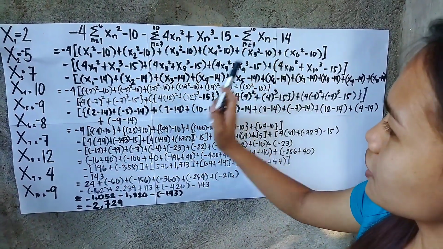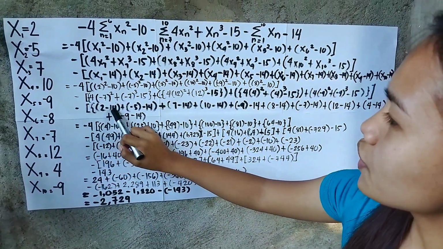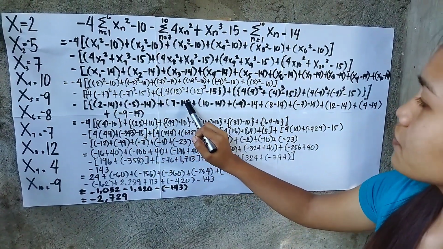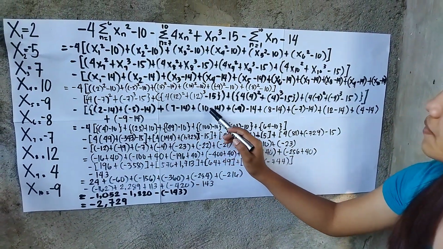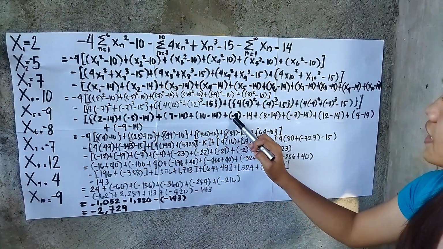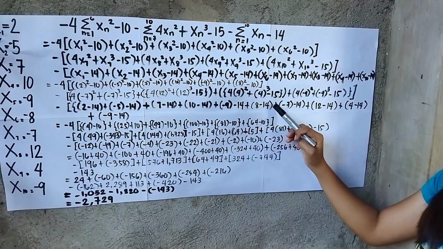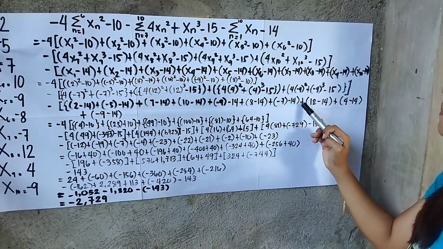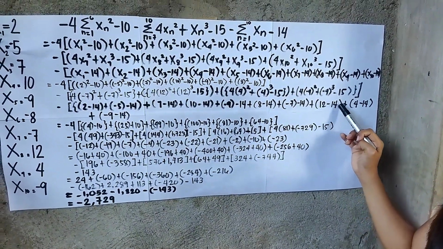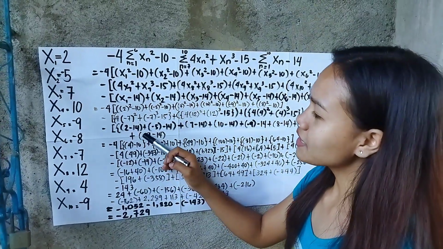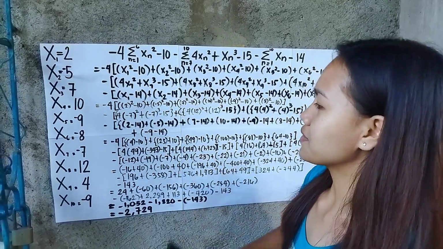In the third summation, 2 minus 14 plus negative 5 minus 14 plus 7 minus 14 plus 10 minus 14 plus negative 9 minus 14 plus 8 minus 14 plus negative 7 minus 14 plus 12 minus 14 plus 4 minus 14 plus negative 9 minus 14.